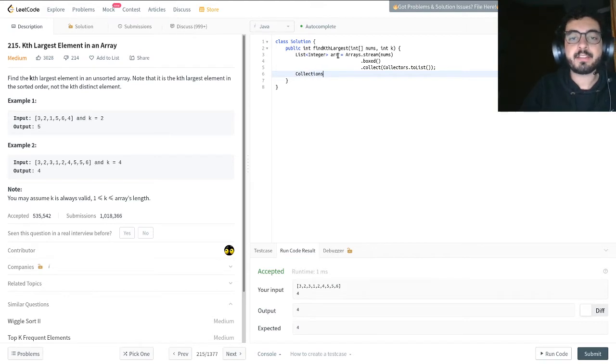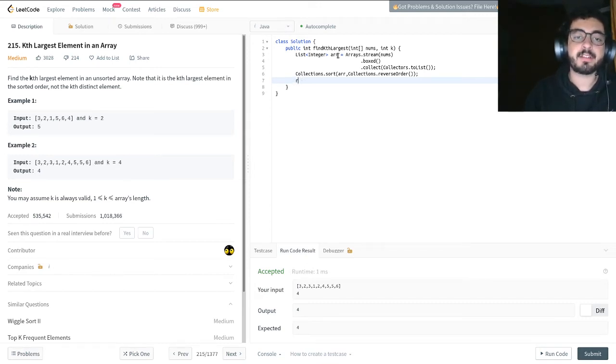Then Collections.sort that list with Collections.reverseOrder. By doing that, we have an ArrayList of integers that are sorted in descending order.